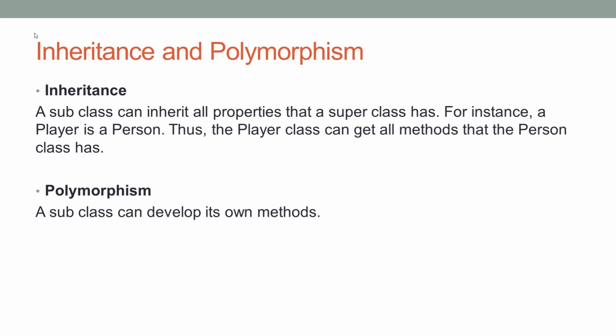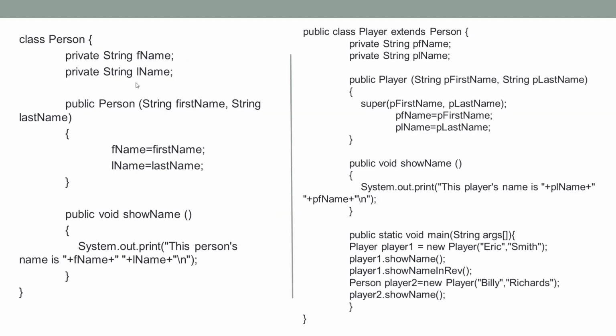Now I want to use an example to show you how we can implement inheritance and polymorphism in Java programming. In this example, I want to create a superclass called a person. Very similar to the previous lecture, a person class should have a first name variable and a last name variable. I want the user of this class to give me two string type values.